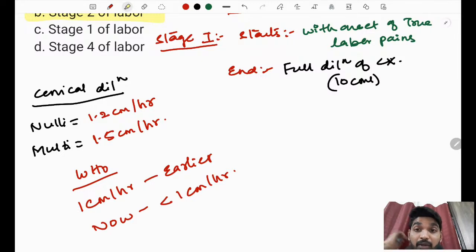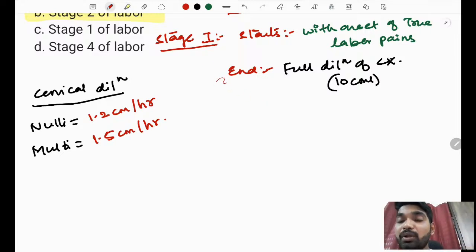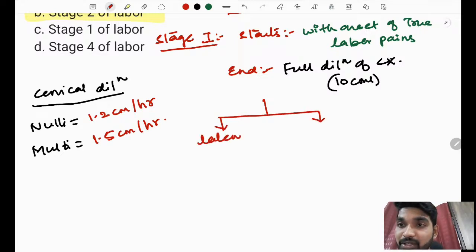Now this is the cervical dilatation that you need to remember. You people know stage 1 has two phases, right? Latent phase and active phase. Please write it down in your registers, make notes along with me. Stages of labor. Labor is a must-study topic. Surely you are going to get questions from labor.